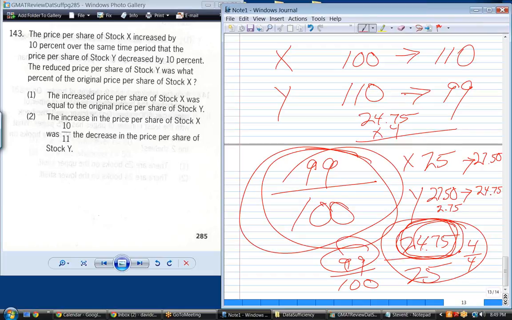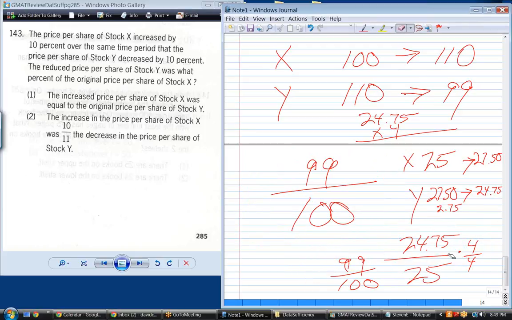I did it 4 times 25, I know is 100, and I'm 25 cents short of 25. 4 quarters is $1, so this has got to be $1 short of 100. And now, since I got the same ratio using different numbers, I'm going to assume that that's enough.